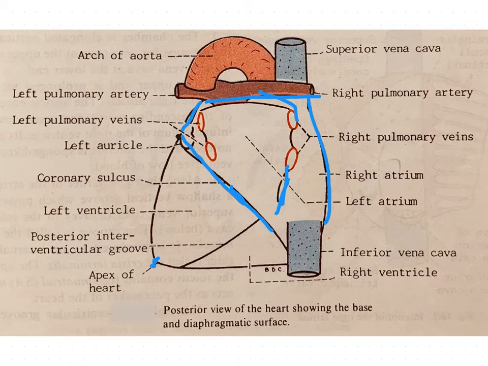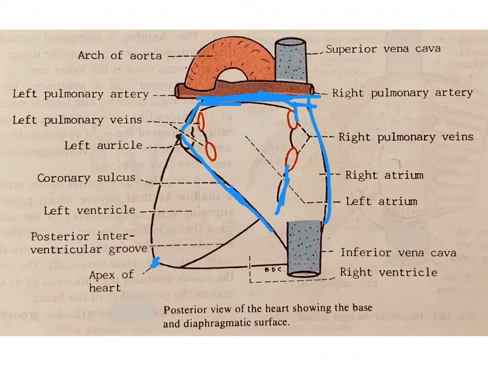And the base of the heart forms its posterior surface, this one, and the base is formed by the left atrium and by a small part of the right atrium. This is the base and this is the apex.